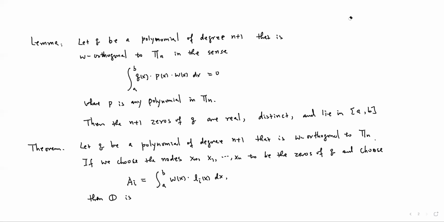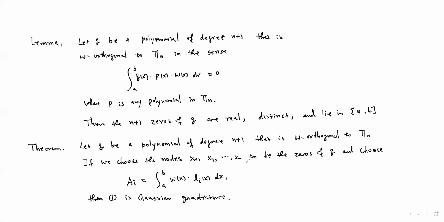That means that the approximation is exact for all polynomials of degree not greater than 2n plus 1. This theorem tells us how to determine the nodes and the coefficients in Gaussian quadrature.